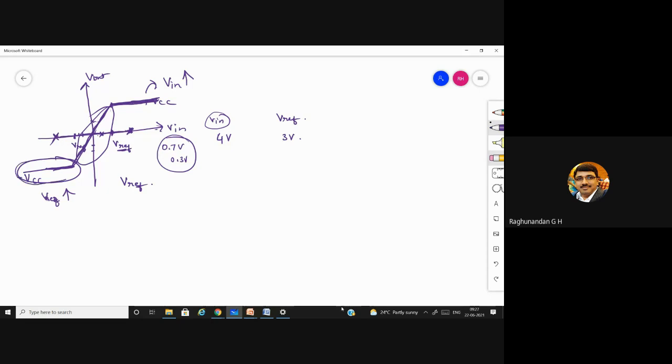If you are getting the graph in this portion, that indicates the reference voltage is greater. If you are getting the graph in this portion, then it is going to tell input voltage is greater. Suppose you are getting in this region, it is just the changeover, or the transition time. During that time, output and input will be following each other.